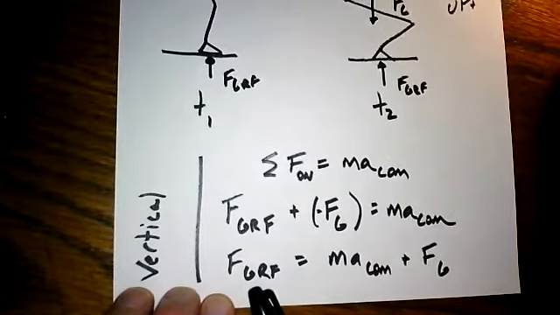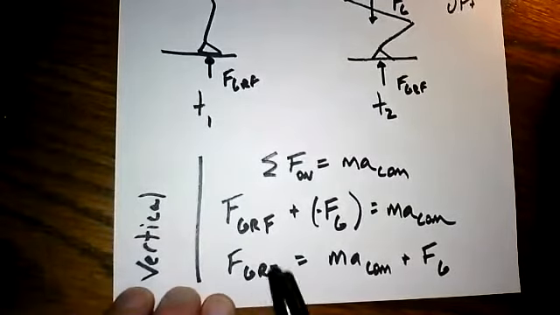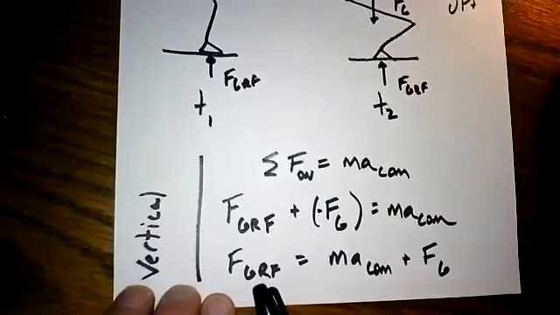This is in reaction to what the person is doing. We only put the forces acting on the person into this equation, but we have to do our mental gymnastics and realize that if the person pushes harder or less hard on the ground, this ground reaction force will change based upon what the person's doing. So understanding this is ultimately our goal to understanding the forces created by the person.